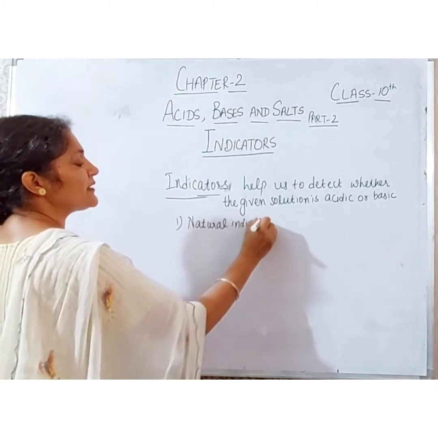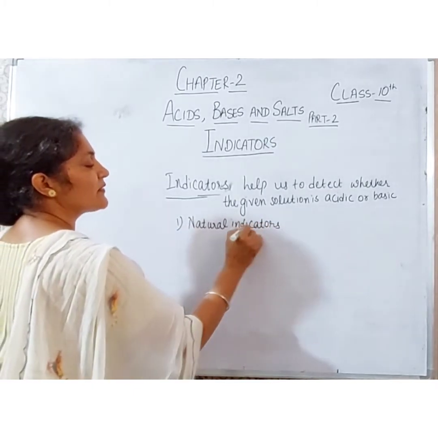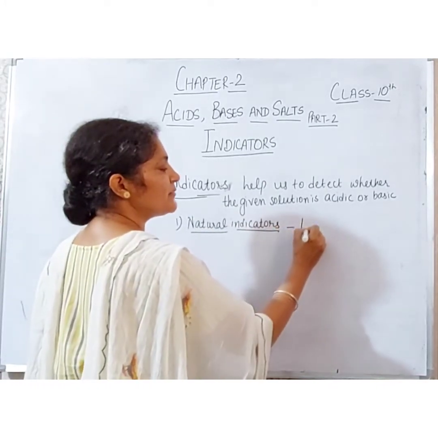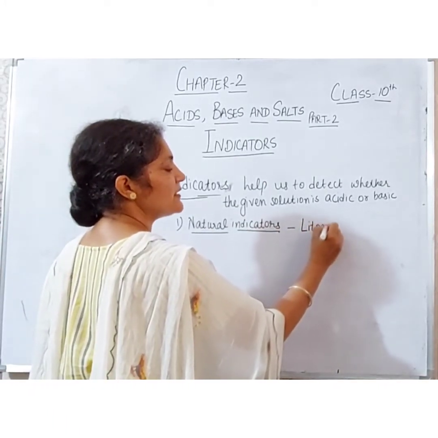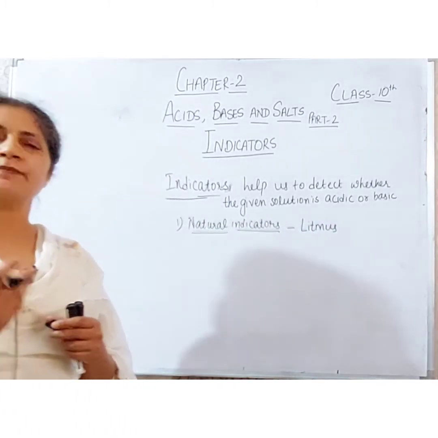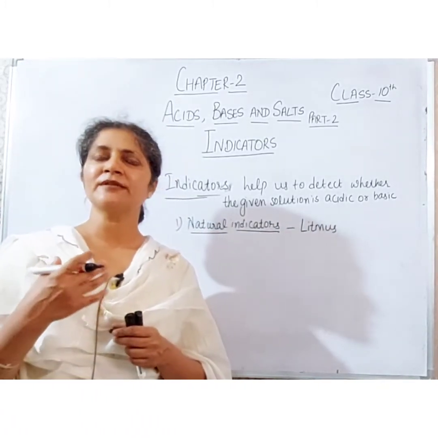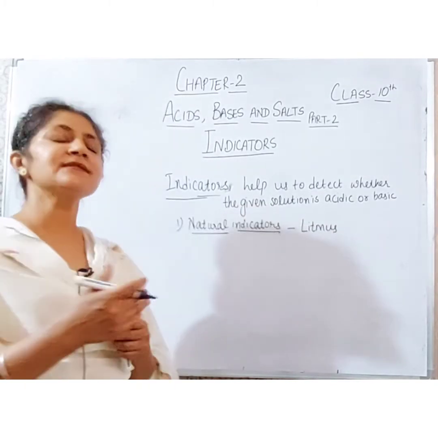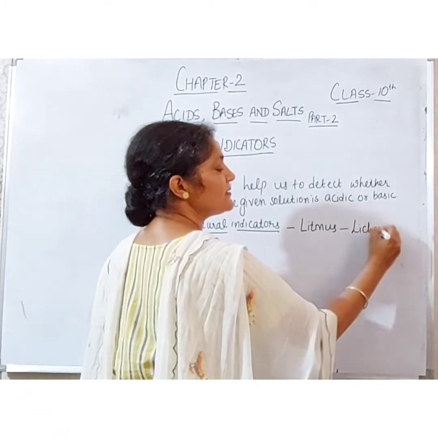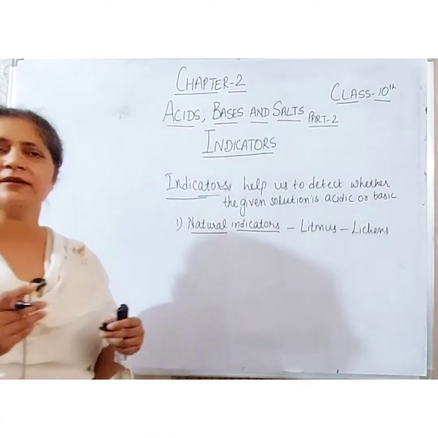In natural indicators, which are given to us by nature, the first is the litmus paper. Litmus, students, is produced from the plant lichens, which is a combination of algae and fungi.